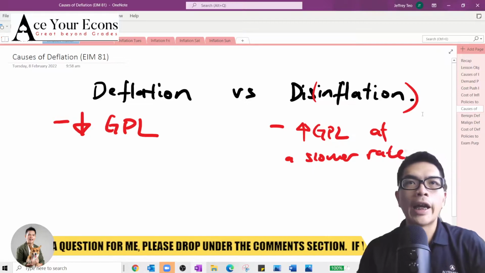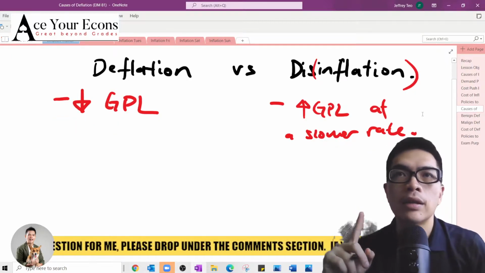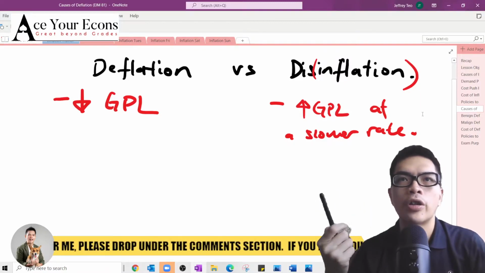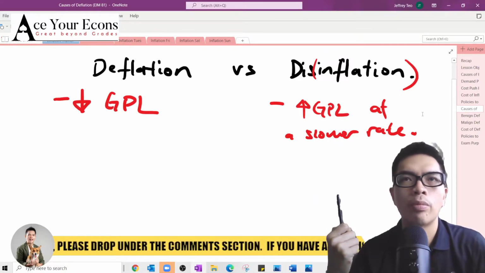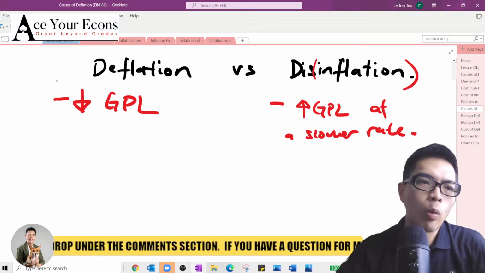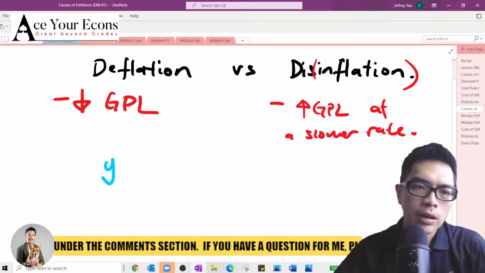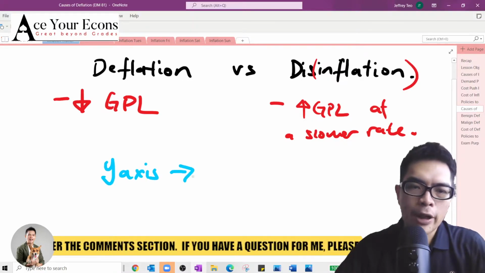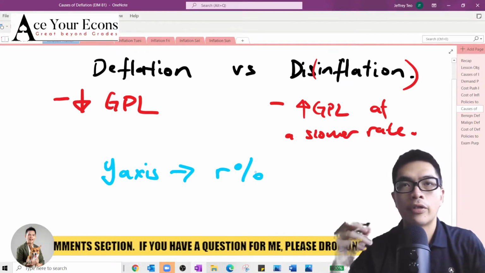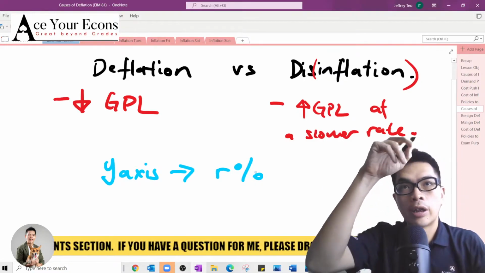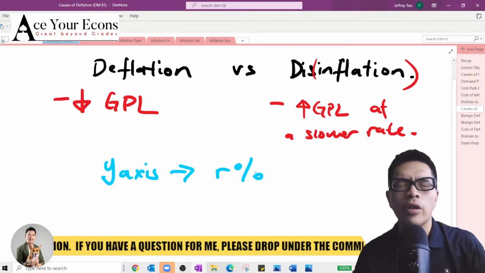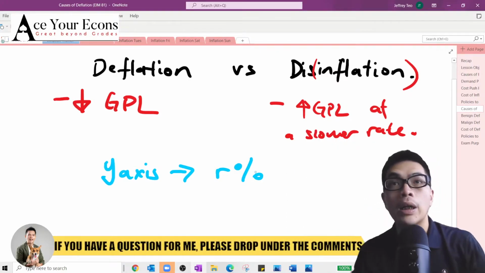So we will often encounter this in case studies. I don't want to spoil you guys, but there will be a few questions coming out that will catch you by surprise. So pay attention to the y-axis, especially when they tell you that it is a percentage change in your general price level, and they show you that the slope of your price changes is downward sloping.